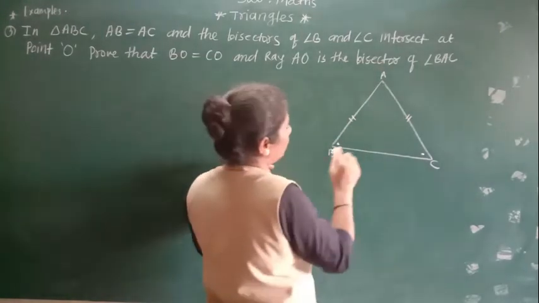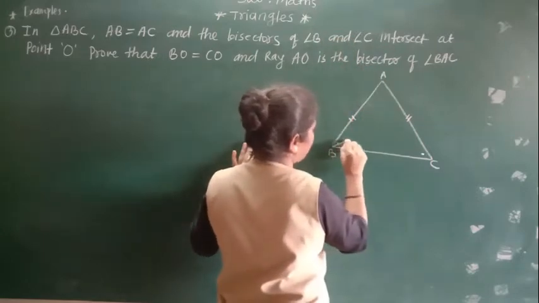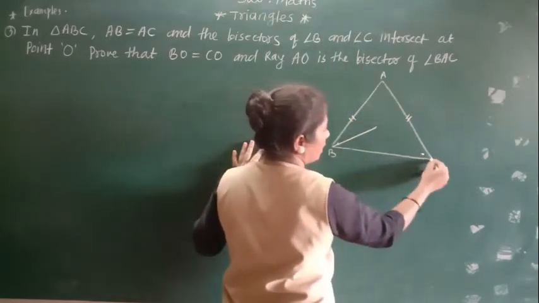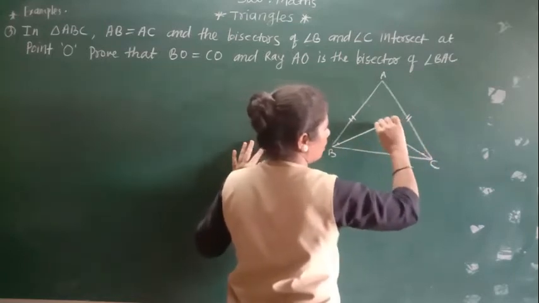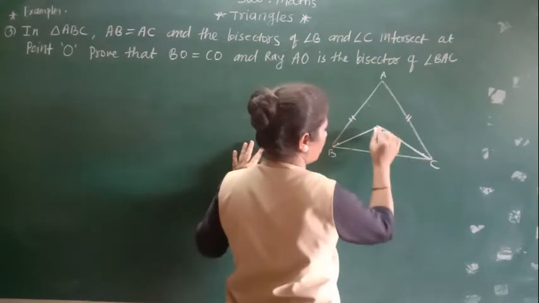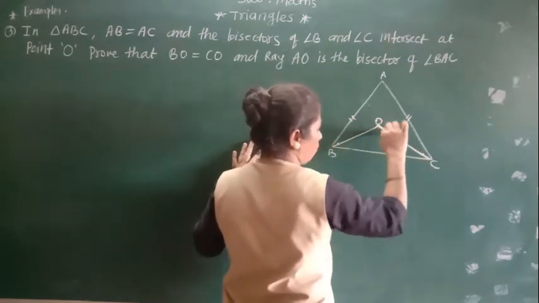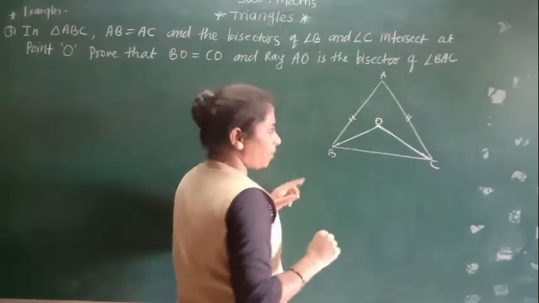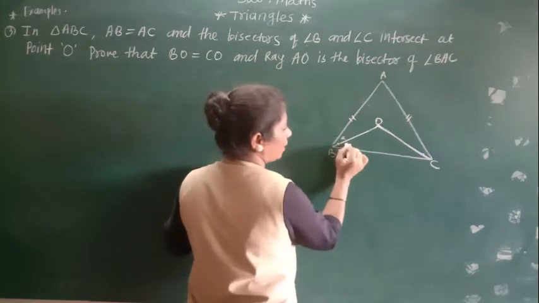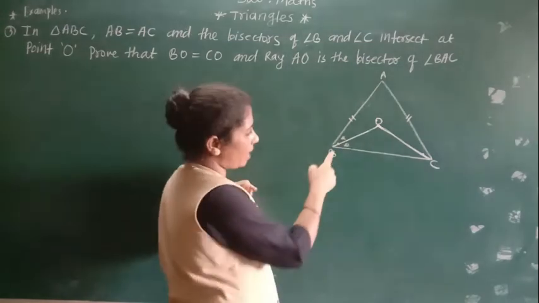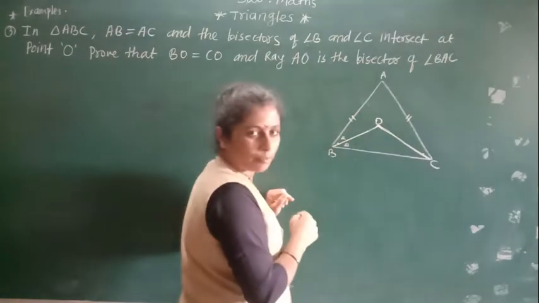So here, the bisectors of angles B and C intersect each other at point O. This is the point of intersection of the bisectors of angles B and C, that is O. When you draw the bisector of this angle B, you will get this angle and this angle the same, because bisectors bisect the angles into two equal measurements, right?